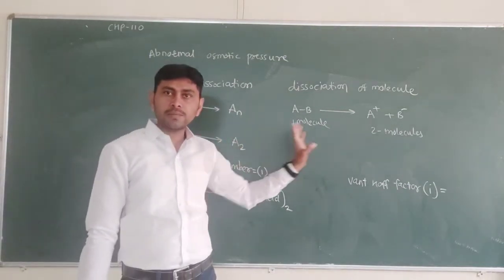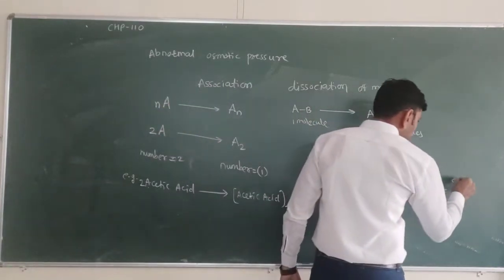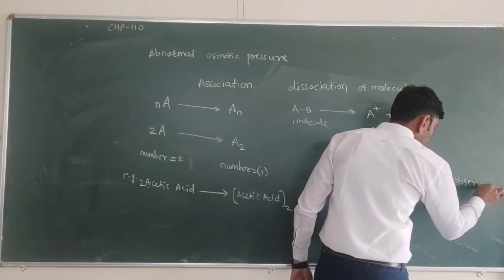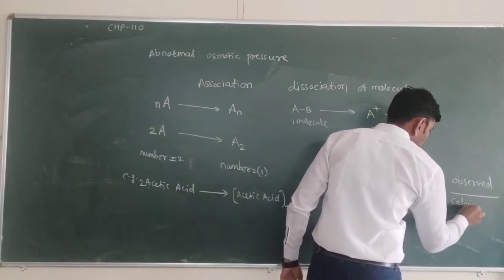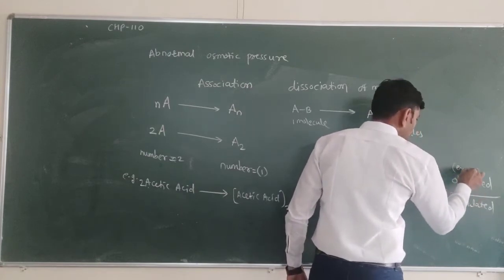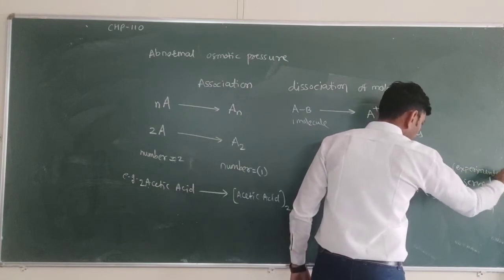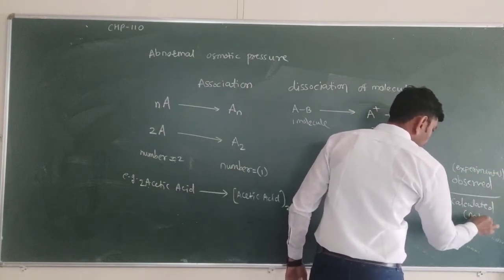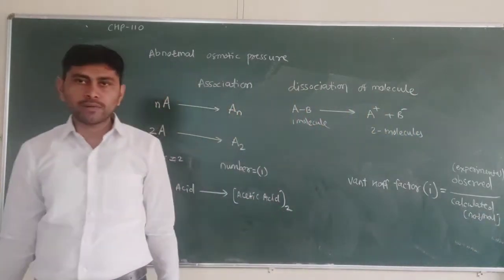So it is represented by the Van 't Hoff factor, that is the ratio of the observed value upon the calculated value. The observed value is also called the experimental value, and the calculated value is the normal value.